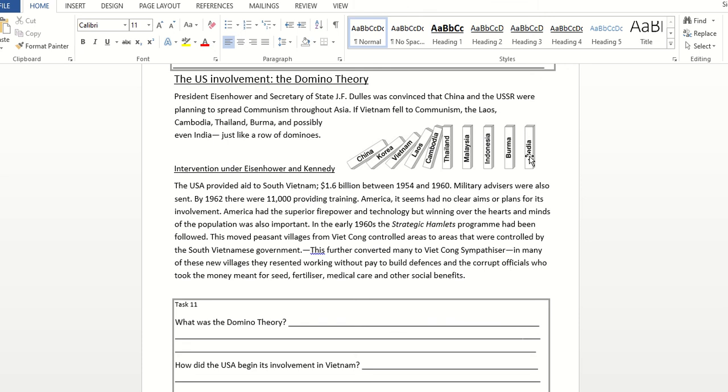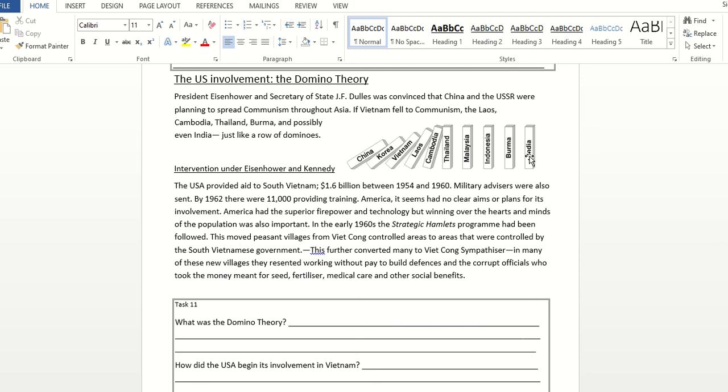This next portion looks at the US involvement and domino theory. Now, as mentioned before, domino theory was the fear that if Vietnam became communist, then the rest of Southeast Asia would follow. America did not want this to happen, so they gave money to help the South Vietnamese protect themselves: 1.6 billion between 1954 and 1960.